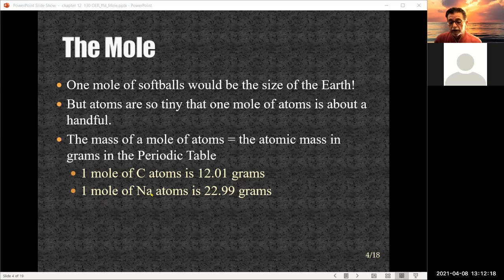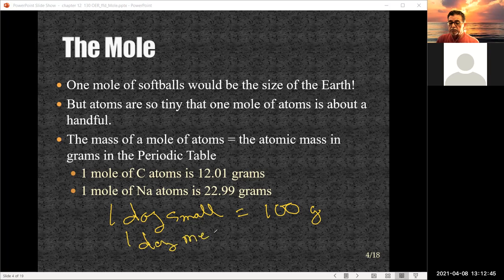Okay. Think of it as eggs, a dozen eggs. Okay, think about this. You got 1 dozen. Because this concept too is sometimes a little bit challenging. But think of it in terms of eggs, because we know that 1 dozen small eggs, okay, maybe let's say 100 grams, just for argument's sake. 1 dozen medium eggs, just for argument's sake, it weighs 200 grams.